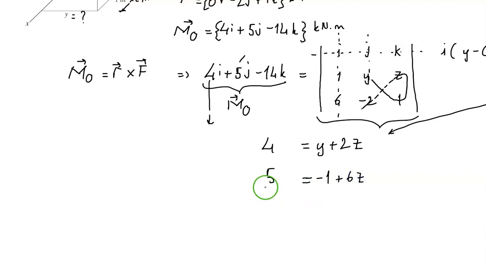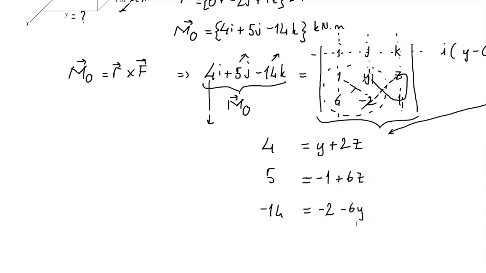And for the z component, it's minus 14. That will be equal to, deleting this row and this column, you end up with these four terms here, and that's minus 2 minus 6y.